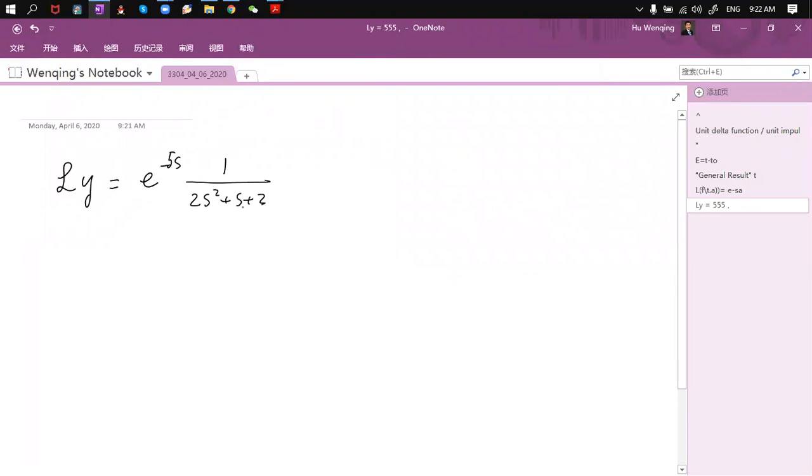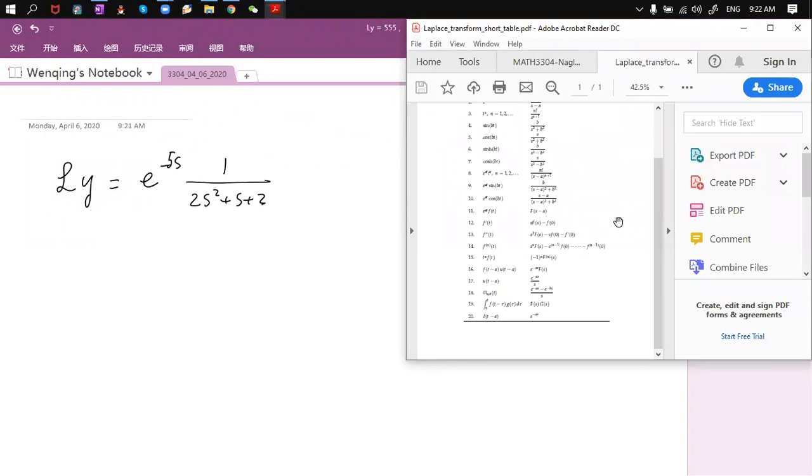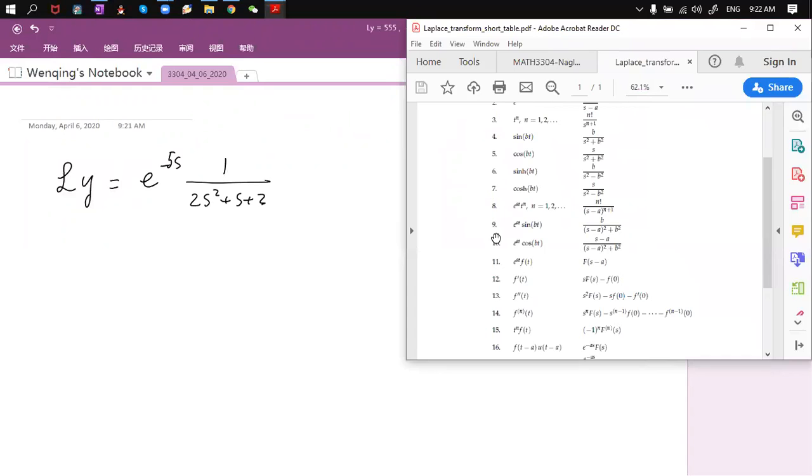So you get this. Now, once you want to transform back, you have to remember that you're always trying to use the shift table of Laplace transform. You can see from here that the shift table consists of 2 lines, right? One is line 11, and the other one is line 16.